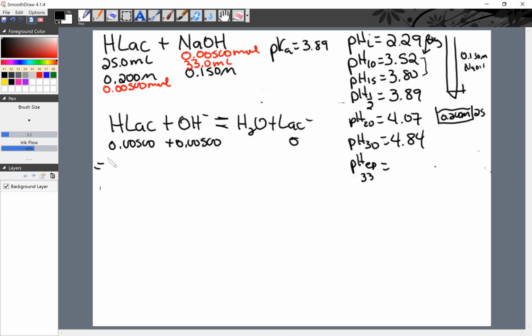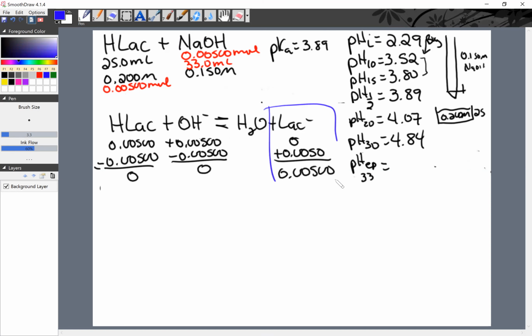And the answer is yes, I have exactly enough. And if you ever say yes, you have exactly enough, that means you're at the end point and you're not supposed to be using this equation anymore. Because what is the only thing floating around in your solution? Right now, the lactate. So what's going to happen when the lactate reacts with the water next to it?